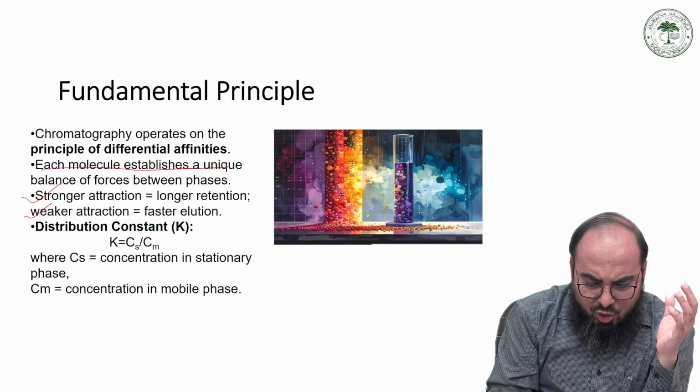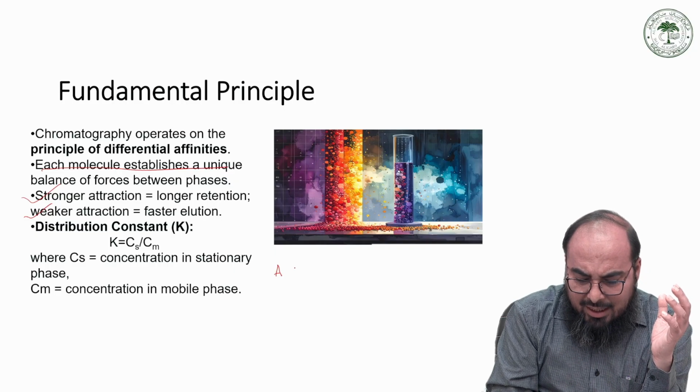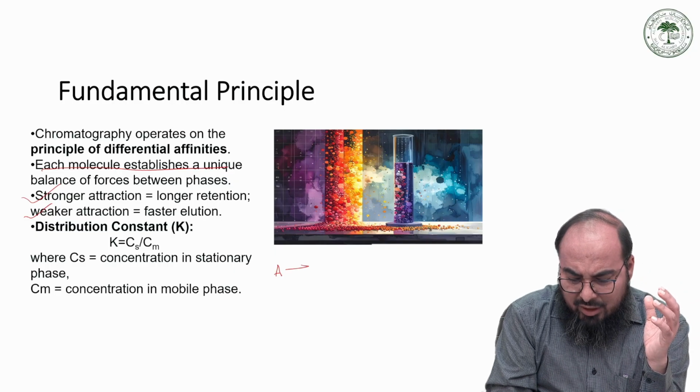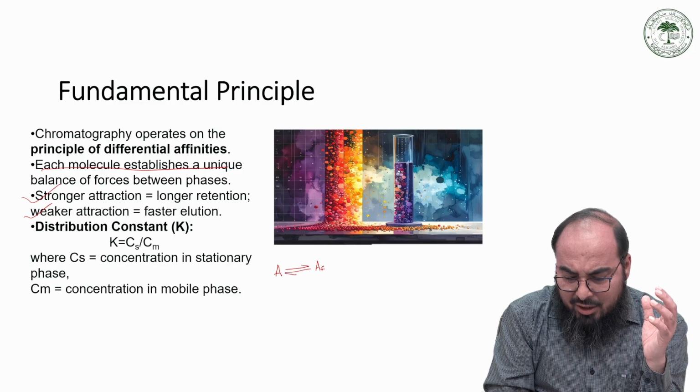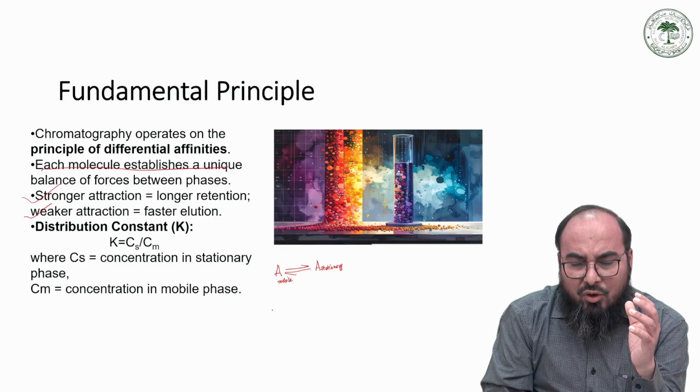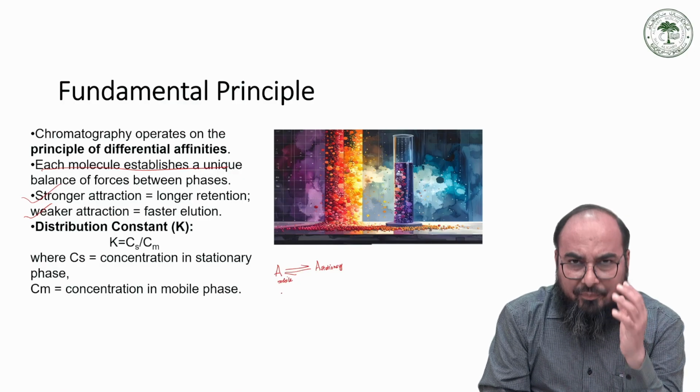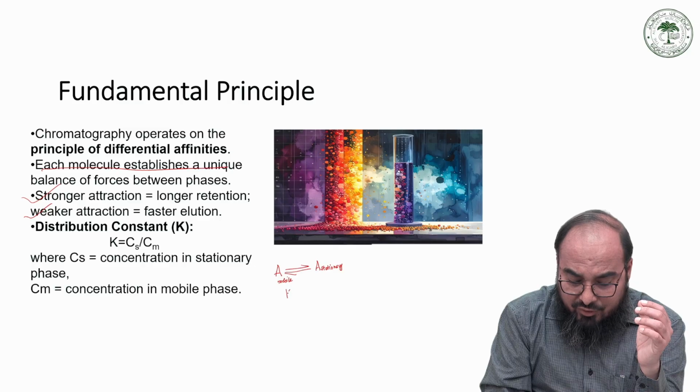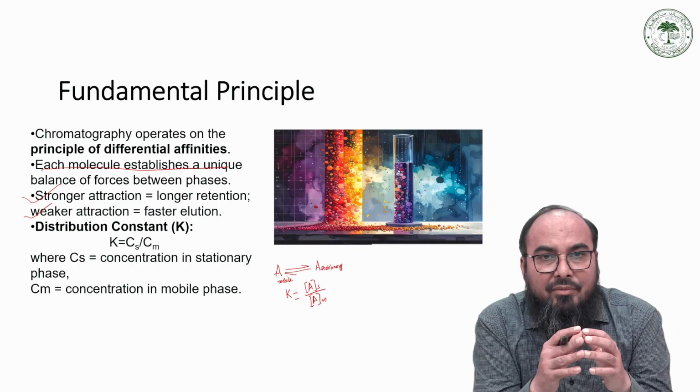If you have a single component system, then that component is going to equilibrate between the stationary phase and the mobile phase. That is, there is an equilibrium. If you want to give this equilibrium in terms of K, then it may be defined as the concentration of A in the stationary phase upon the concentration of A in the mobile phase.